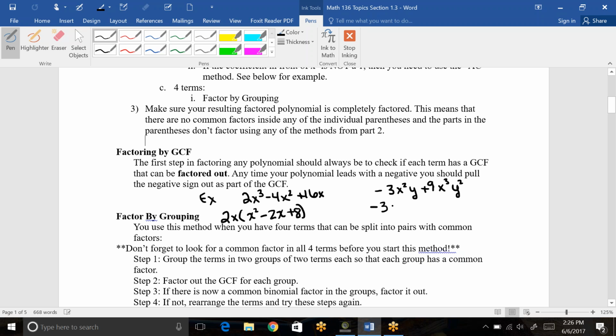So this is negative 3, and then I have an x squared in common because they both have at least x squared, and a y to the first in common. That would leave me with a 1 in the first spot because this is exactly the same thing as that first term. 9 divided by negative 3 would be negative 3. x cubed take away 2 would be just x, and y squared take away 1 would be y. So notice that that now has the GCF factored out.